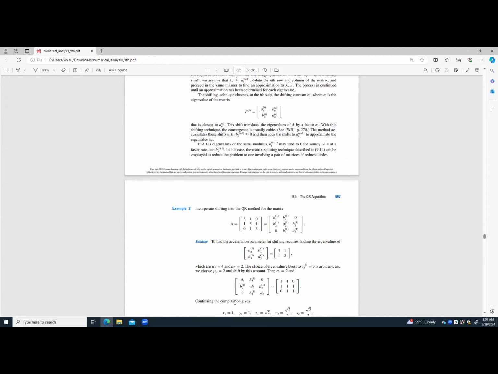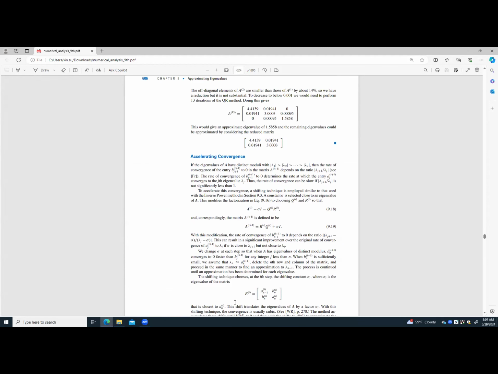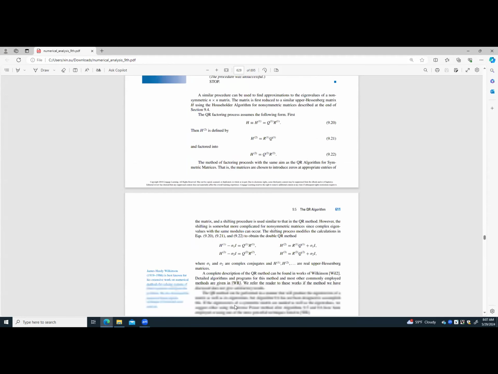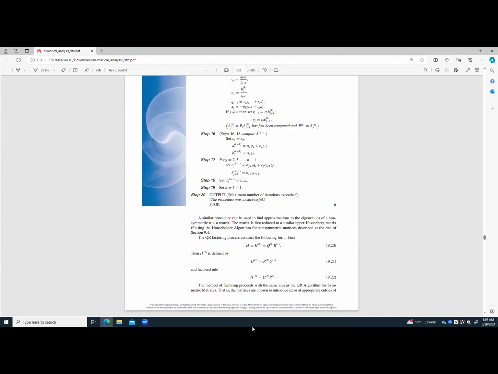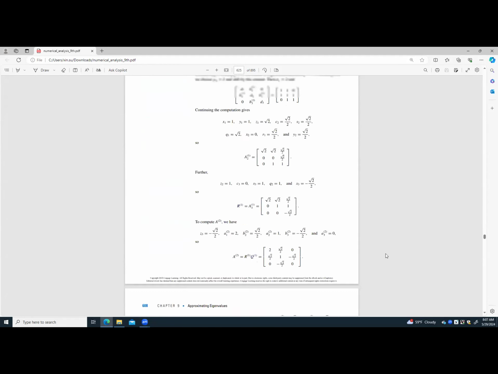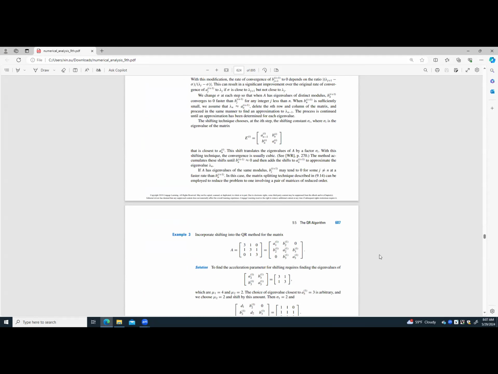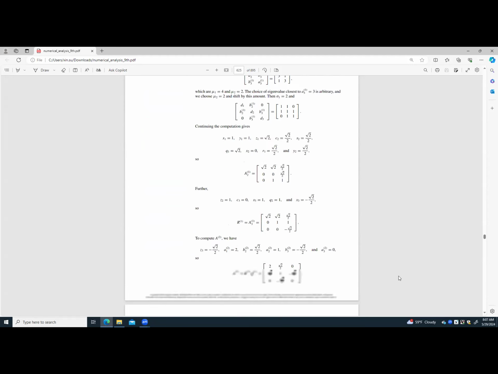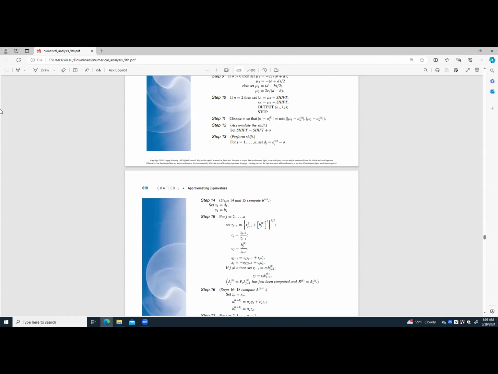Let's see if we need to read something about the accelerating part. It's quite tricky, so just skip it.